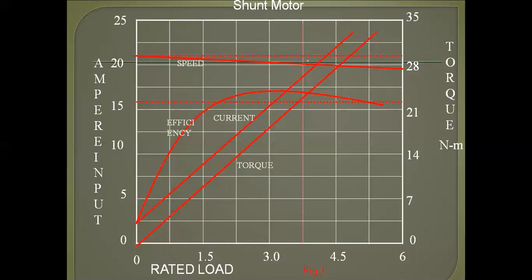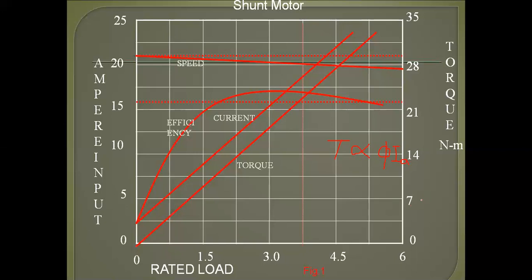Then, torque armature characteristics. From the expression of the torque of a DC motor, torque is directly proportional to flux and armature current.